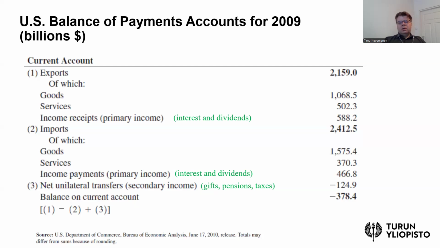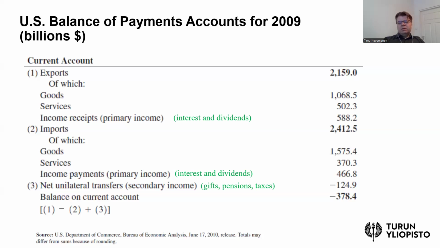This might happen for Americans living abroad, but also for foreign nationals who are working in the USA and sending some payments abroad. Pensions would be, for example, if an American retired person decides to move abroad after retirement and receives some pension payments from the US. So this kind of secondary income is also taken into account in the current account.